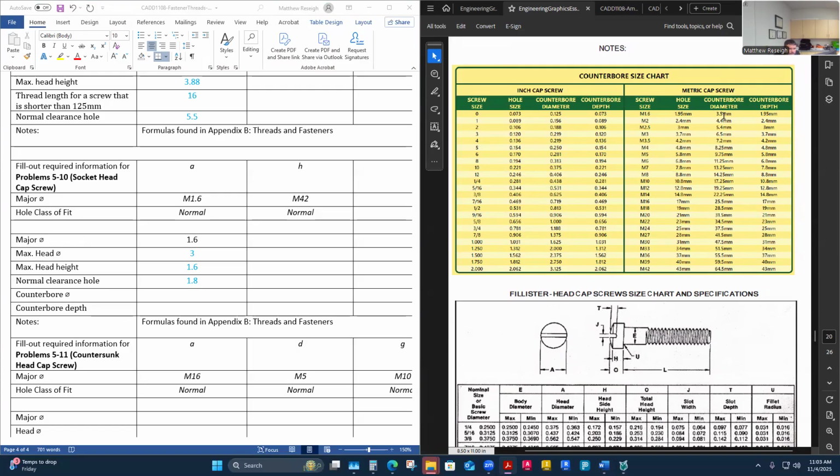Counterbore diameter is 3.5 millimeter, which makes sense. That's a half a millimeter bigger than the max head diameter, so that's definitely oversized to accept this pretty easily. And then the depth to sink it, well, I hope it's deeper than 1.6 millimeter. Let's see. It's 1.95 millimeter. So it's sinking that head in just below surface flush.